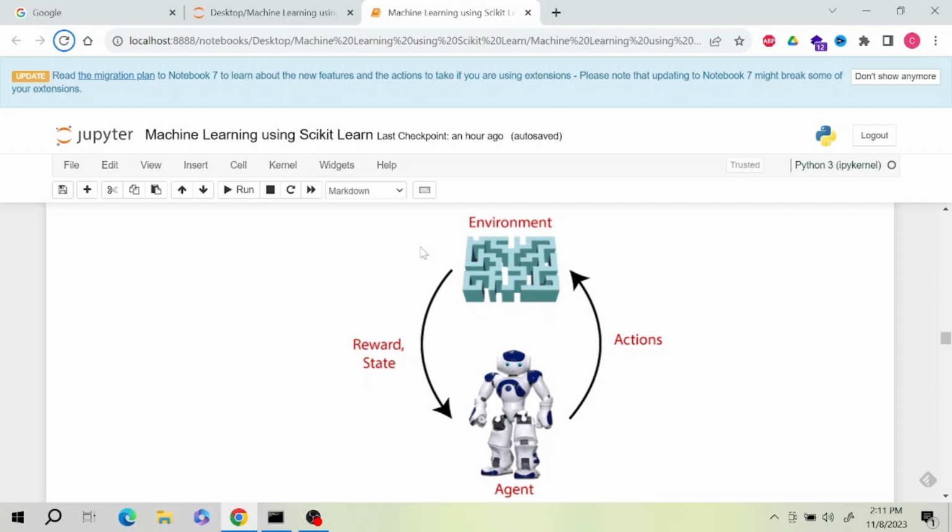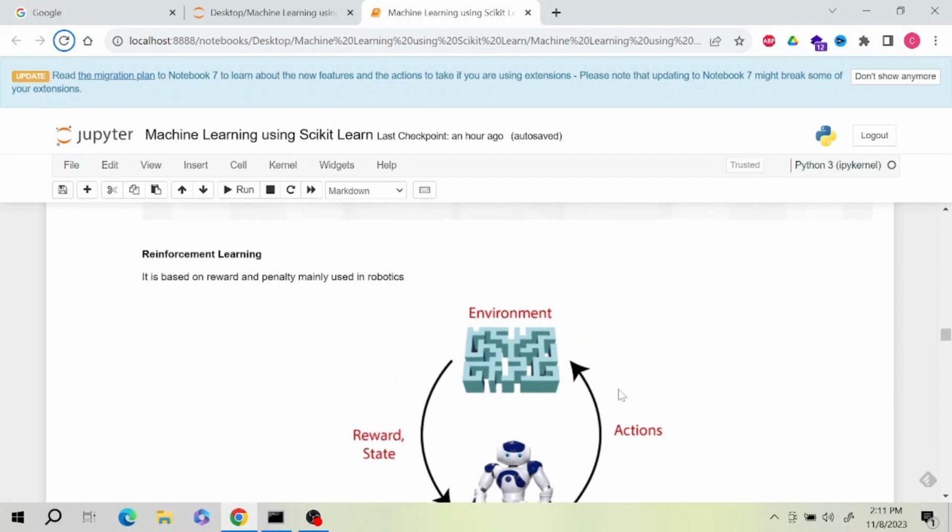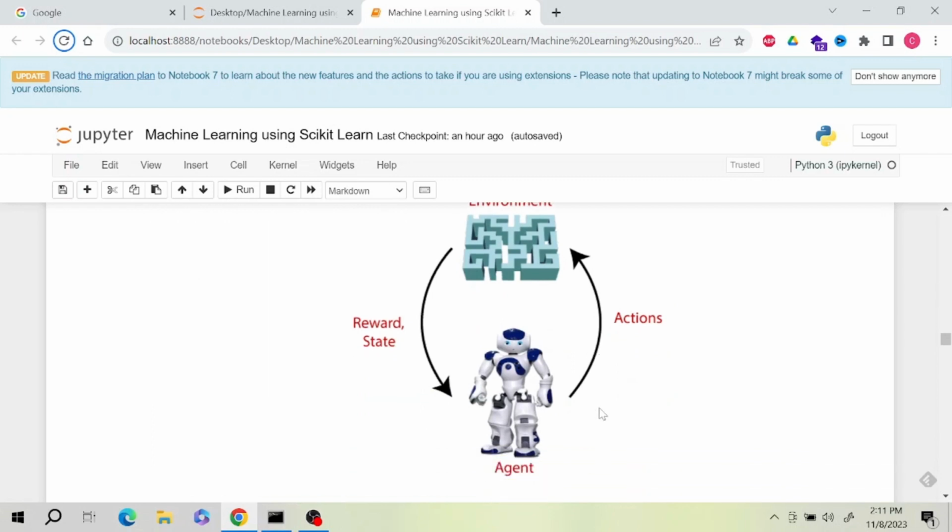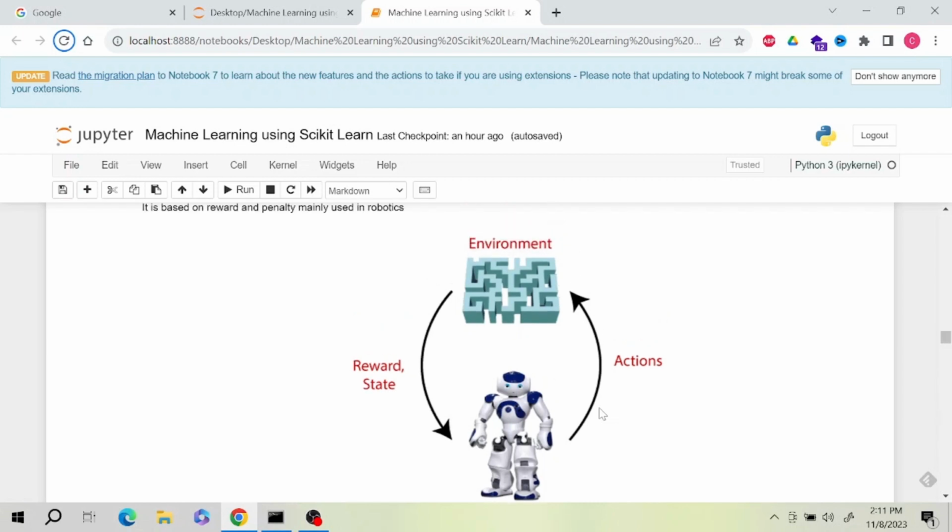So this type of machine learning, which is based on reward and penalty for given actions, is called reinforcement learning, and it is mostly used in robotics, or say autonomous helicopters and so on, because there we can't provide the true labels or the actions for each and every state, right? So in that case we'll just let it do the actions, give it reward and penalty, and hope that with that input it gets better and better.